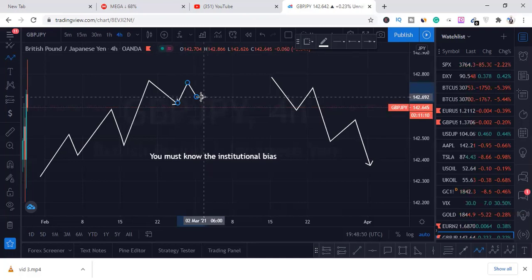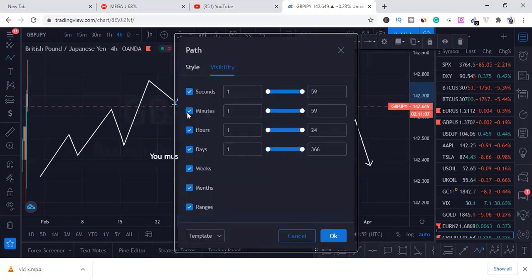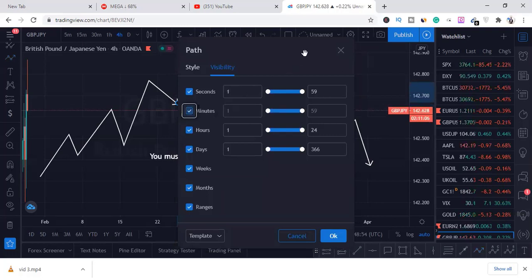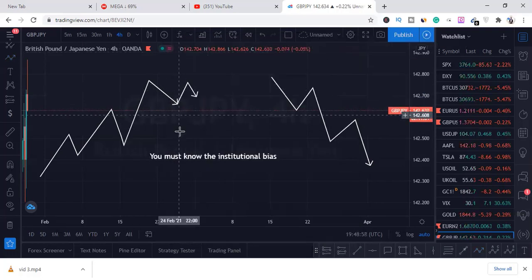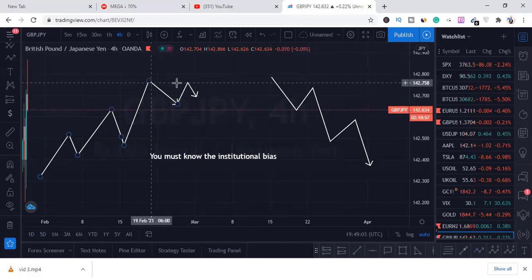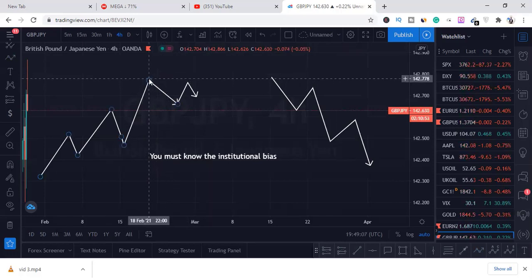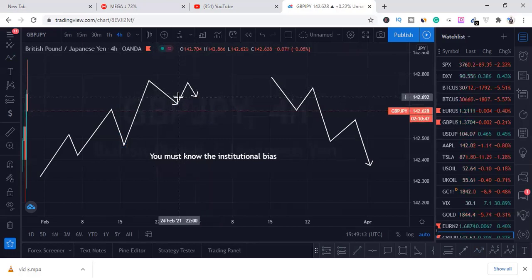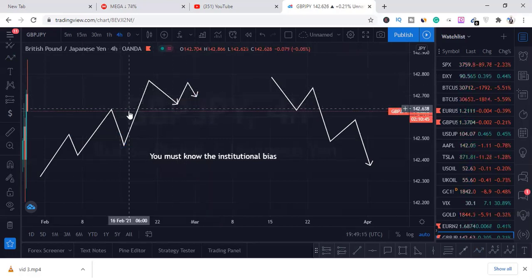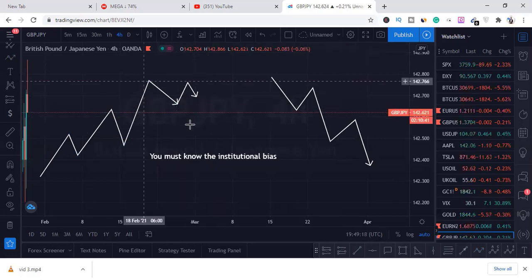One of the reasons why this is still considered an uptrend is this high did not surpass this one, and this low did not surpass this one, which means the order flow has not been broken yet, so we are still bullish in the market.